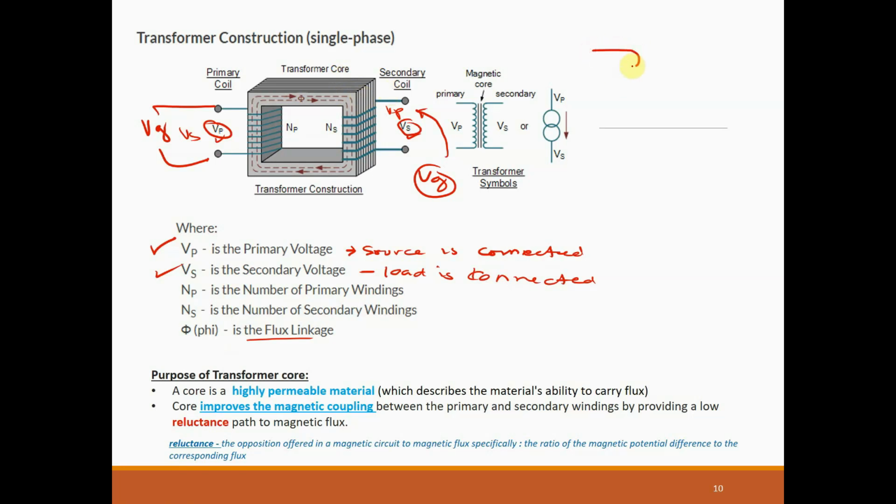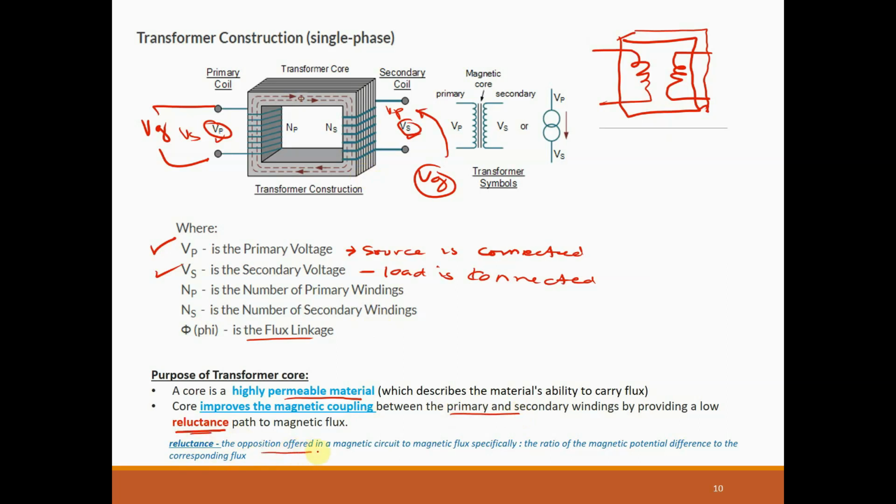In the beginning, we have two coils in front of each other. Now we have put in a core. This square is a core. What is the purpose of this core? A core is a highly permeable material, which describes the material's ability to carry flux. The core improves the magnetic coupling between the primary and secondary by providing low reluctance.